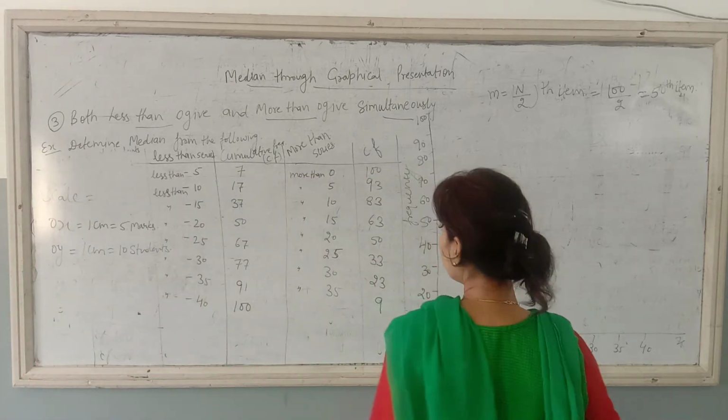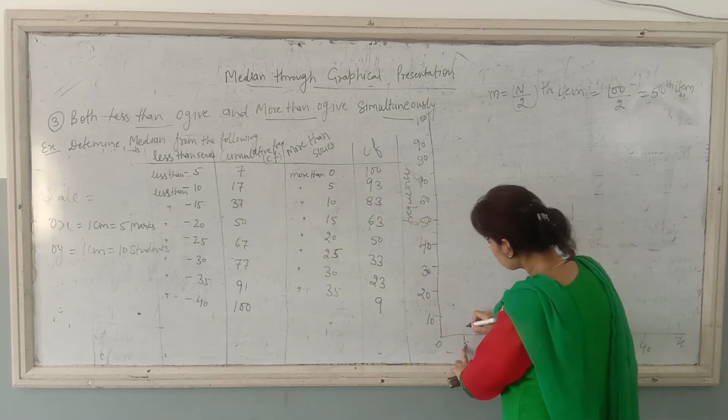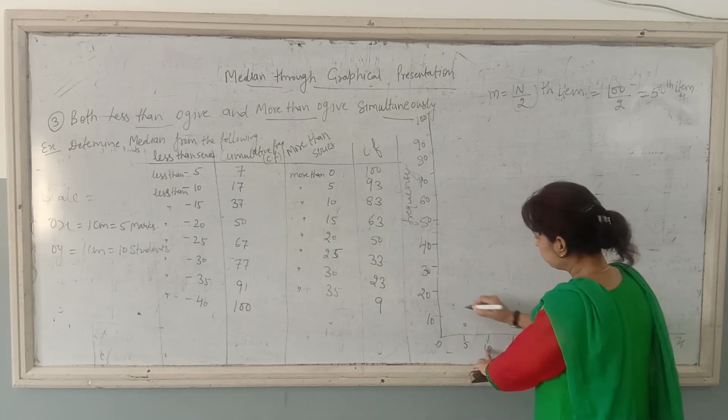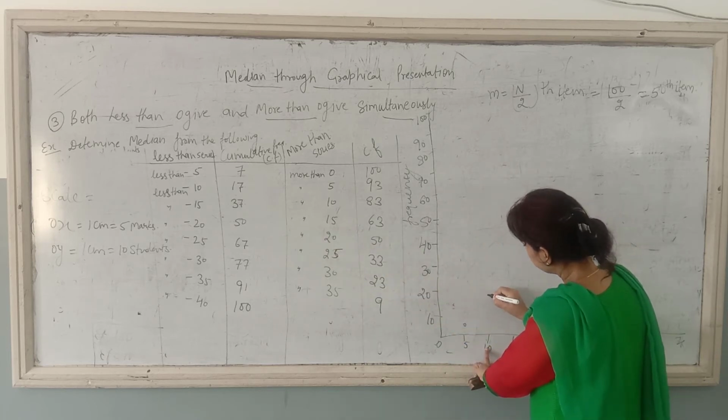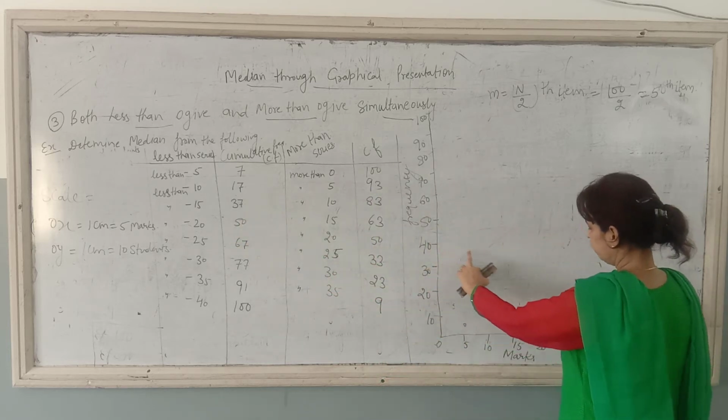Now we have to draw the points: 5, 7. 10, 17. 15, 37.